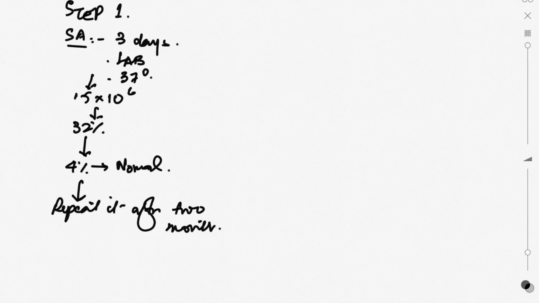So it should be repeated after 2 months, and if again it is abnormal, the person should be referred to an andrologist.